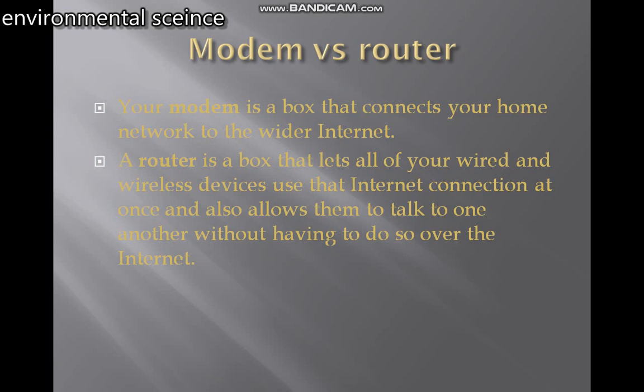A router basically is a box that lets all of your wired and wireless devices use that internet connection at once and allows them to talk to one another without having to do so over the internet.